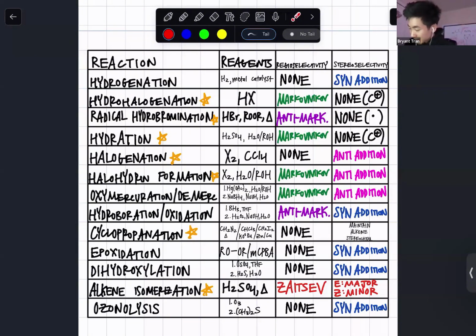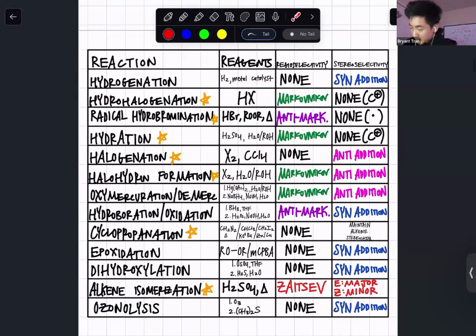And the ones I starred here in yellow are the ones that you would have to know the mechanism for for sure. The other ones are less likely to show up as a mechanism problem.